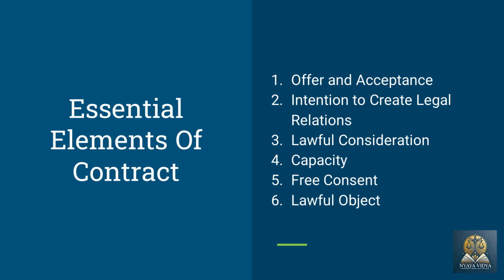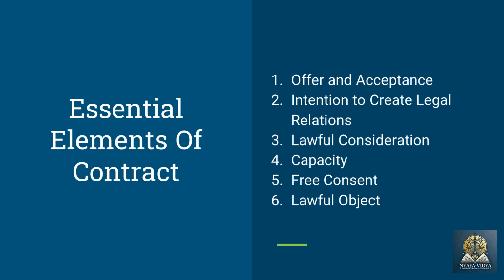The fourth one is capacity to contract, which is very important. Capacity is again divided into three or four subtypes. First one, competence. The parties must be legally competent to enter into a contract. That means age of majority, 18 years.